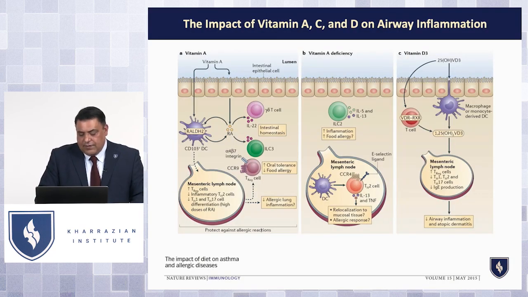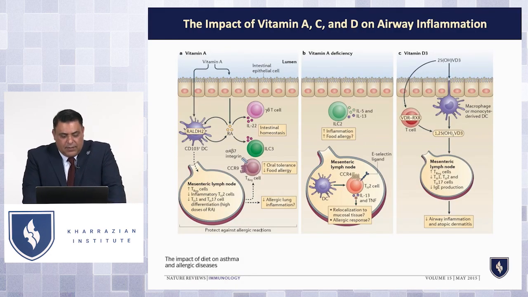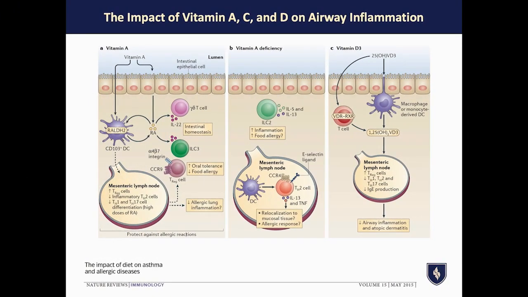C has also been found to have some effects on the immune system as well. If you want to look at this paper in Nature Reviews, it goes into the specific mechanisms of how vitamin A impacts asthma, and vitamin D impacts asthma, and vitamin C impacts asthma. But basically, you can see that it really modulates the dendritic cell responses that are involved, and they also enhance immune tolerance pathways, and vitamin D has a specific effect on the mesenteric lymph nodes and the dendritic cells as well.